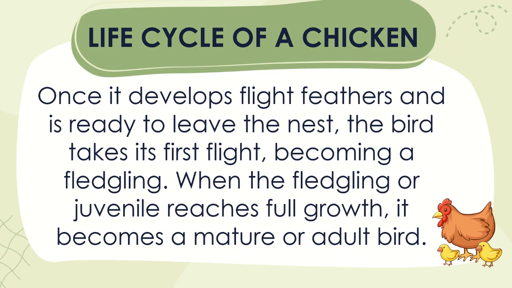Once it develops flight feathers and is ready to leave the nest, the bird takes its first flight, becoming a fledgling. When the fledgling or juvenile reaches full growth, it becomes a mature or adult bird.